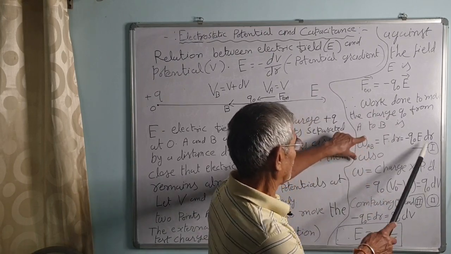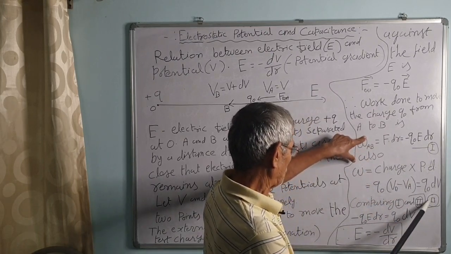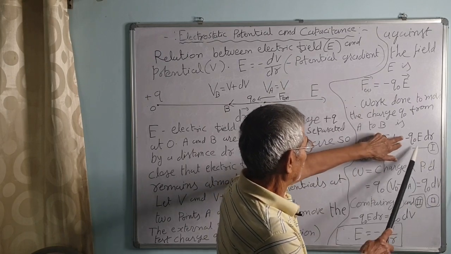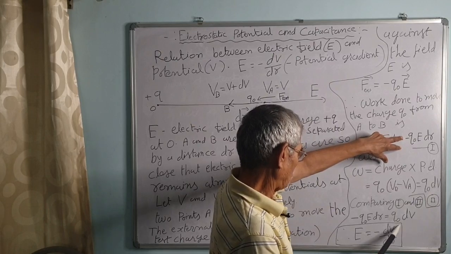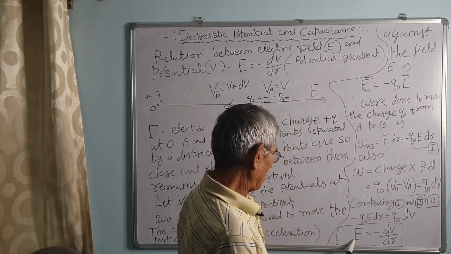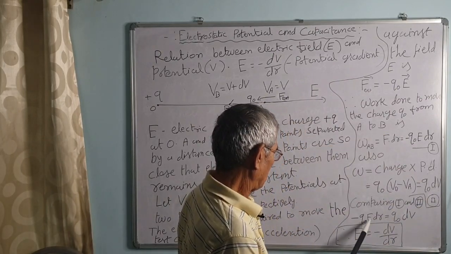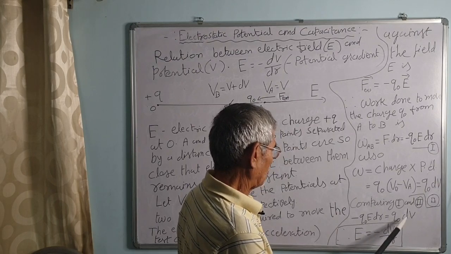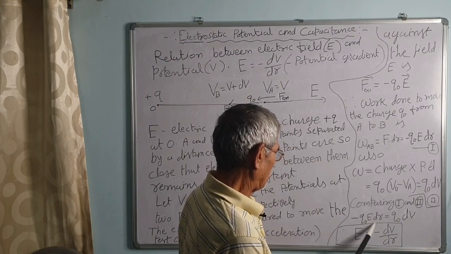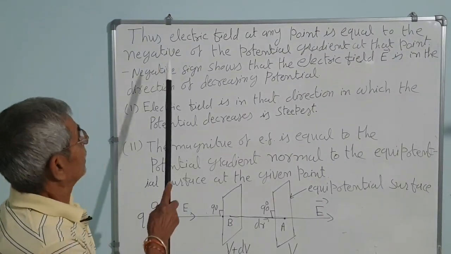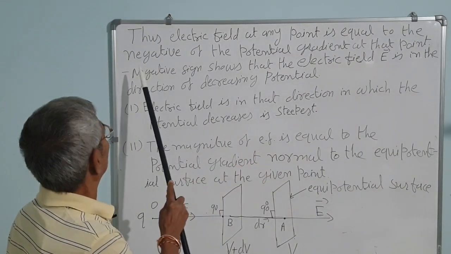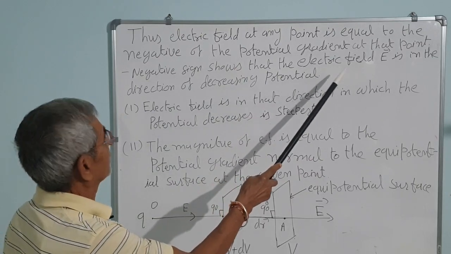Equating 1 and 2, minus Q0 E dr is equal to Q0 dV. Therefore, cancelling Q0, E is equal to dV upon dr with a negative sign. Thus, electric field at any point is equal to the negative of the potential gradient at that point.